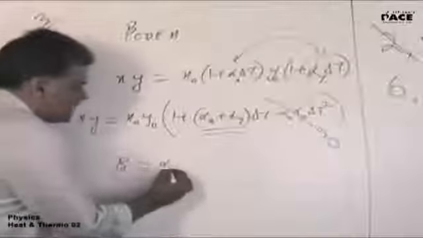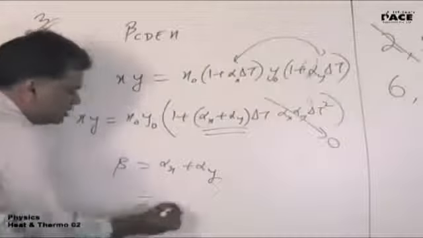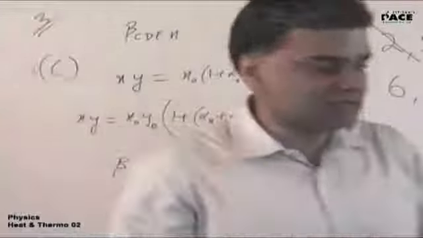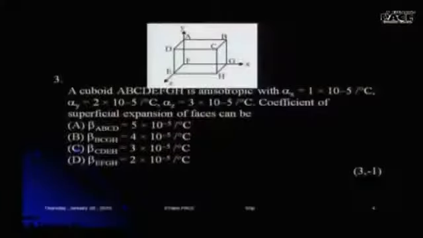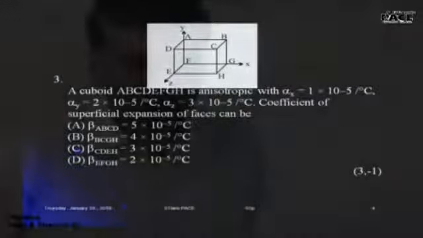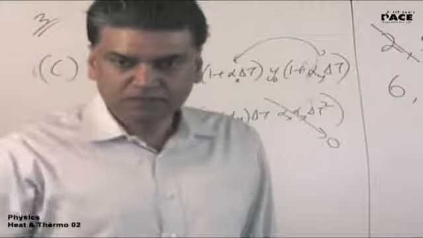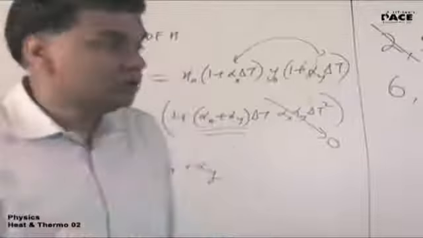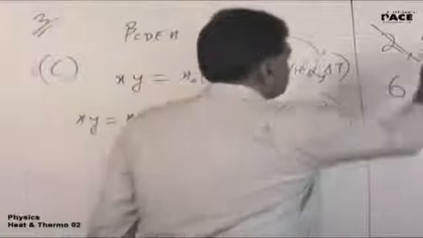Beta equals alpha X plus alpha Y. Alpha X is 1 and alpha Y is 2, 1 plus 2 is 3, so 3 into 10 to the power minus 5. For none of the other answers does this logic click. You can check that out also. So C is the answer. Is that okay? Yes, sir. We move on to the fifth question.